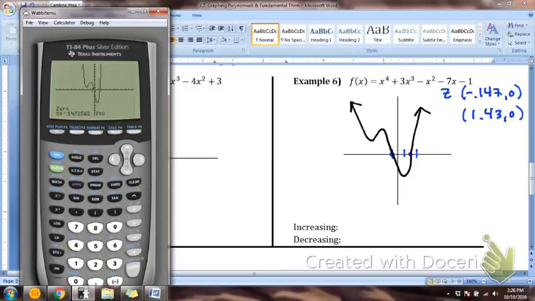Just very carefully do your best. It doesn't have to be perfect. That's why we call it a sketch. That's why you're using a pencil. Once you have sketched your points in your graph, then you're going to do your increasing and decreasing. Now this is where your answers may differ from your neighbor, and that's okay.